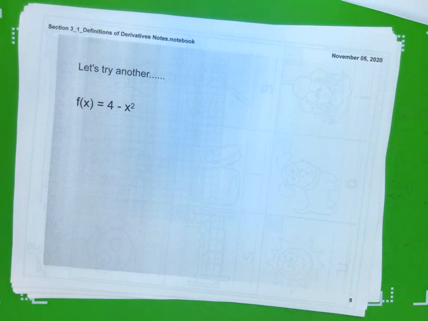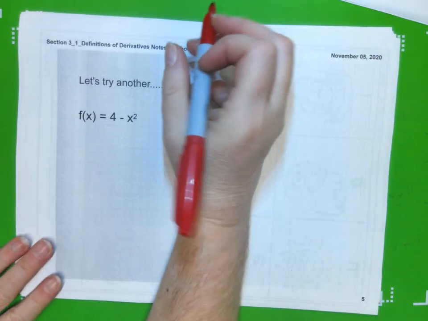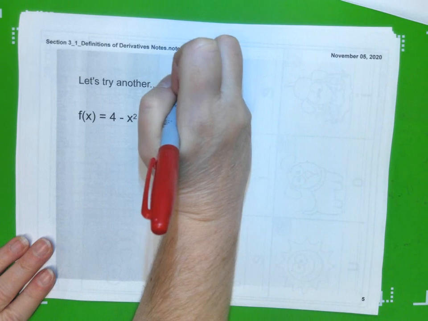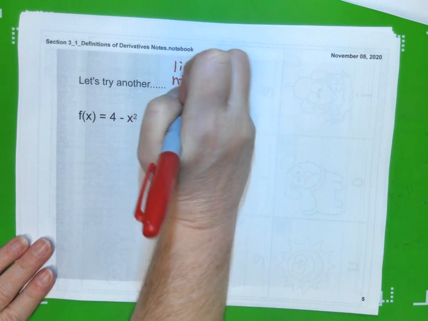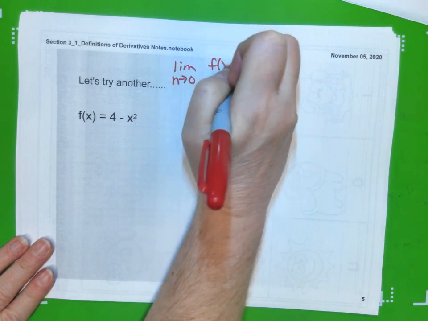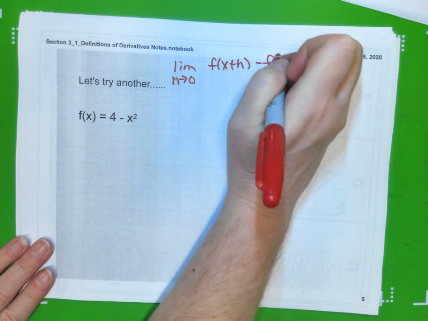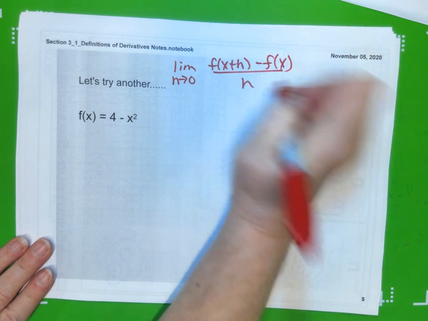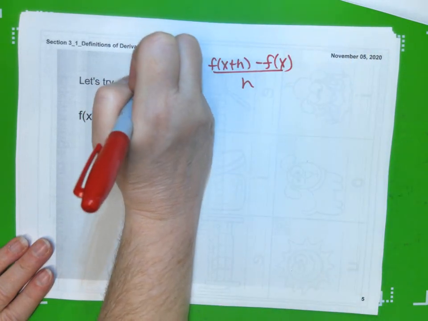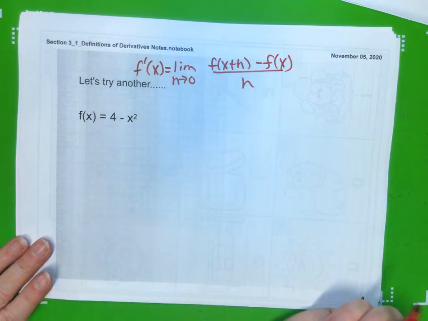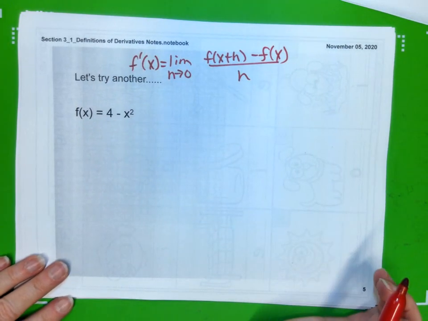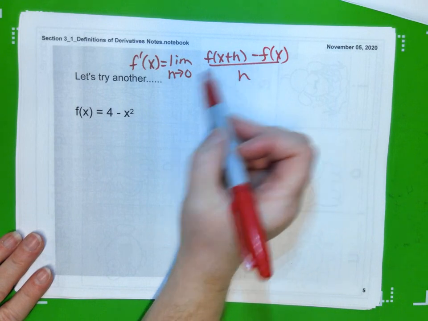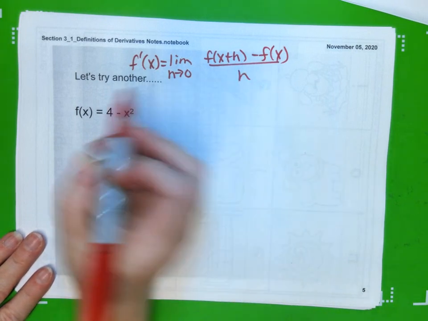What's our equation? Our generic equation is the limit as h approaches 0 of f of x plus h minus f of x, all divided by h. That is equal to f prime at x. So everywhere there's an x, I put in an x plus h.